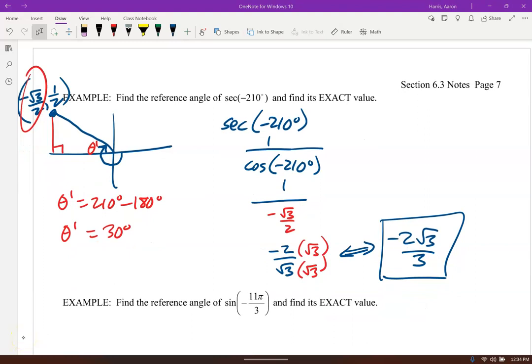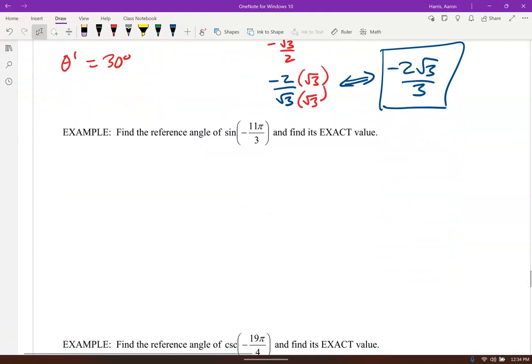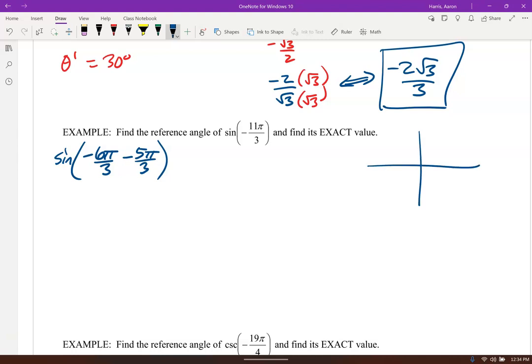Let's go with sine of negative 11 pi thirds. This is more than 2 pi, right? This would be around 1 time in the negative direction. There's negative 6 pi thirds. That's a negative 2 pi. I got to go 5 pi thirds more to get to negative 11 pi thirds. So here's around once. 5 pi thirds more, that's like negative 300 degrees more. So I end up right there. So negative 5 pi thirds is the same spot as negative 11 pi thirds.